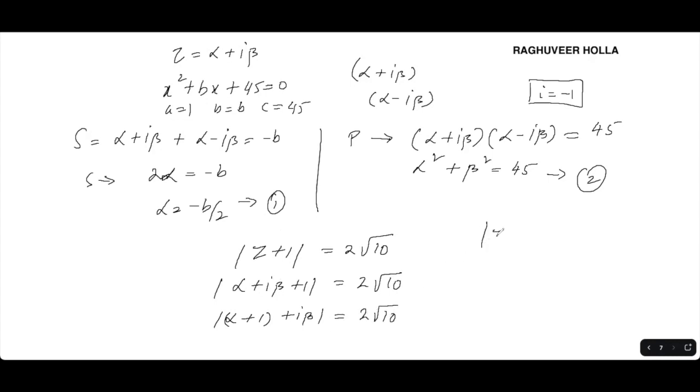Now mod of z is square root of x square plus y square. So here this implies square root of alpha plus 1 whole square plus beta square is equal to 2 root 10. Okay. Further, let us simplify.